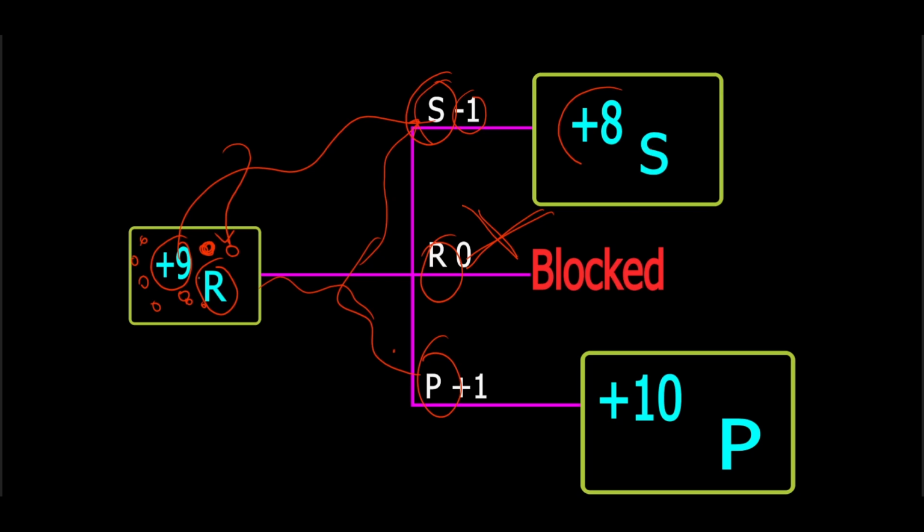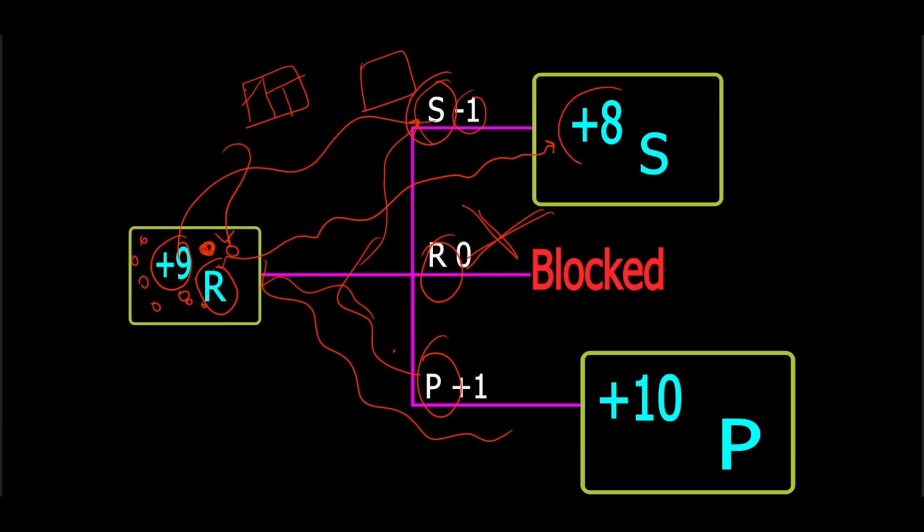So they will jump from this equivalence class of +9R to the equivalence class of +8S, and we can do the same thing for here. So now we have found out a way to partition this into equivalence classes based on 2 dimensions, and after the partitioning all the elements are now behaving homogeneously, and then we can try to see how one equivalence class jumps from here to here.